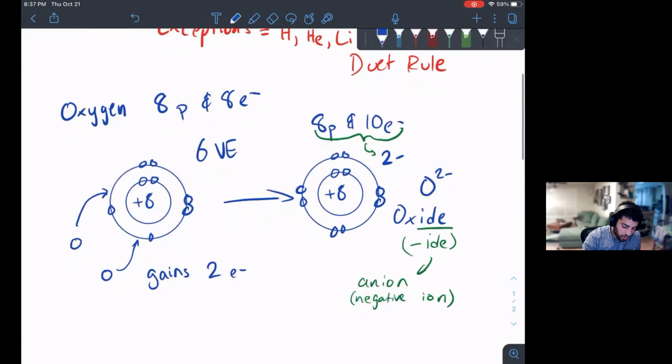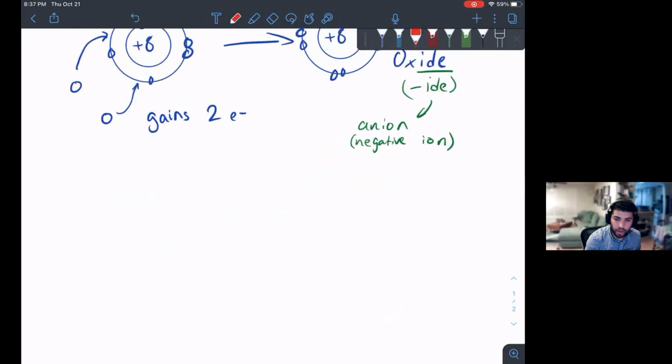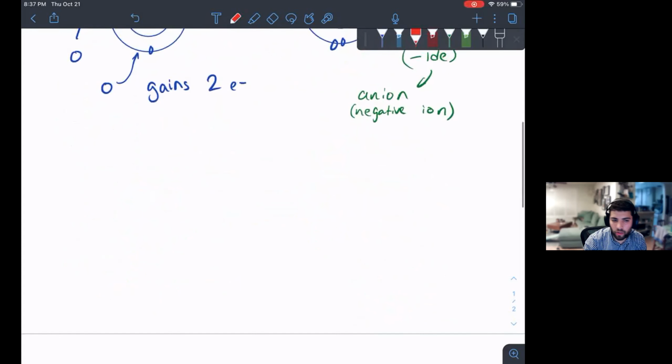All right. So the next one I want to go over is we'll pick something a little crazier too. We'll pick something that really demonstrates it. Let's go over aluminum. Now, aluminum has 13 electrons and 13 protons. So if I just go ahead and draw it right here, I will have a +13.